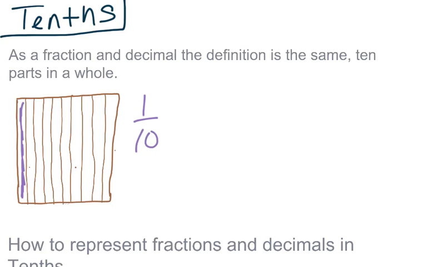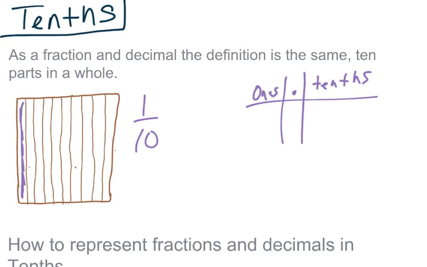And you remember, if we want to represent that as a decimal, we make our place value chart. Ones, decimal point to separate the wholes and the parts, and also to say "and," and then tenths.